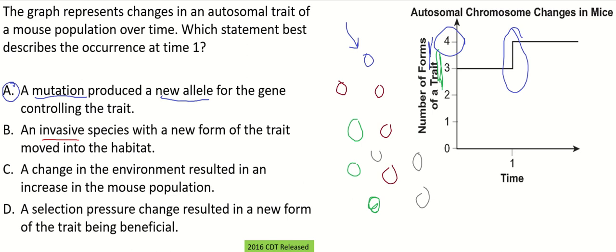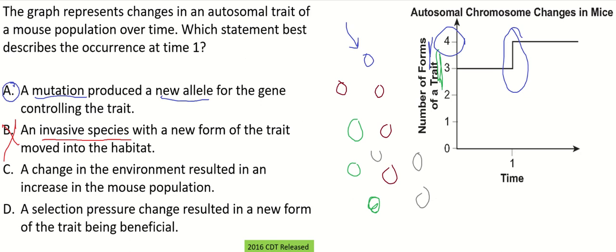An invasive species is destructive. It's not going to cause a group of mice to form a new version of a trait. A change in the environment resulted in an increase in the mouse population. That could happen.